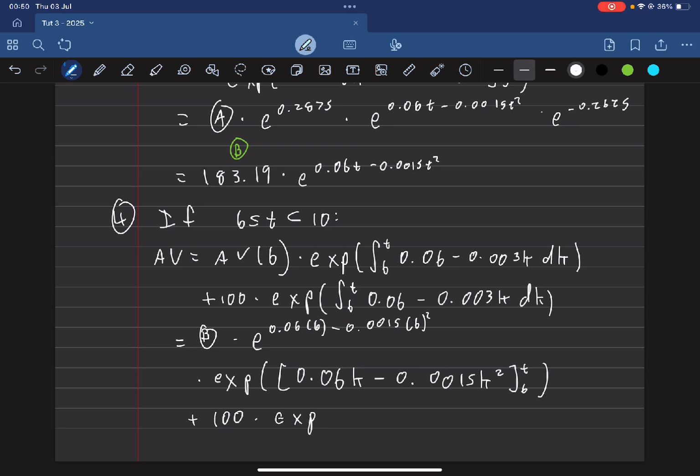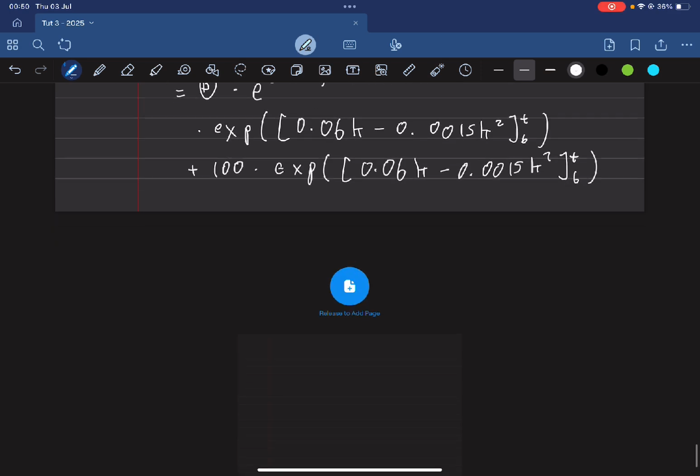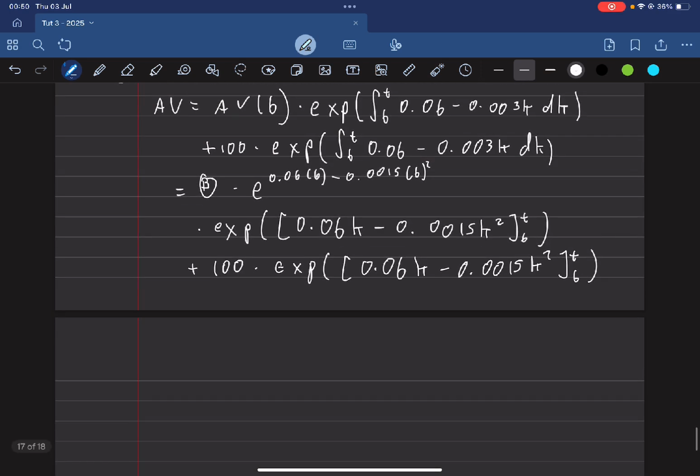Probably getting quite sick of these by now. 0.06k minus 0.0015k squared, evaluated from t to 6. Cool, good stuff. So this will give us b times, this all simplifies to e to the power of 0.306.